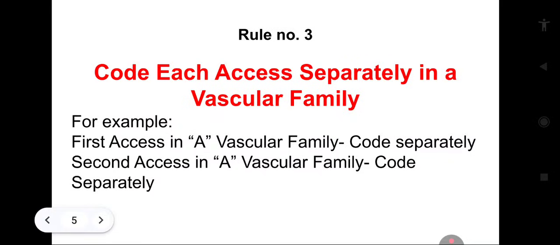You have to code all the procedures taking place through the second access separately. You cannot include it in the first access, because the whole process starts from the initial point, like zero. So each access must be coded separately for a vascular family.